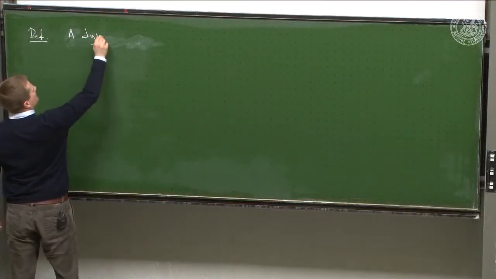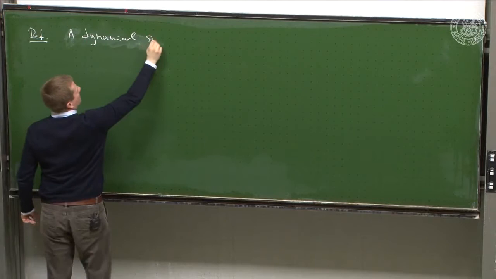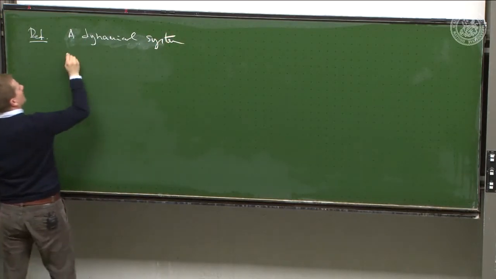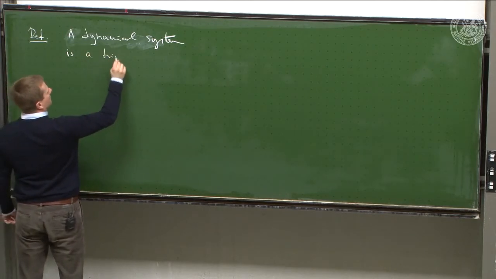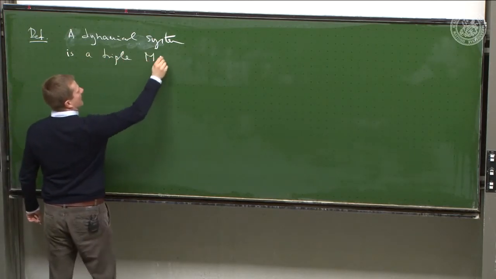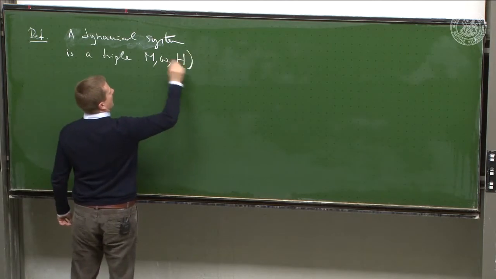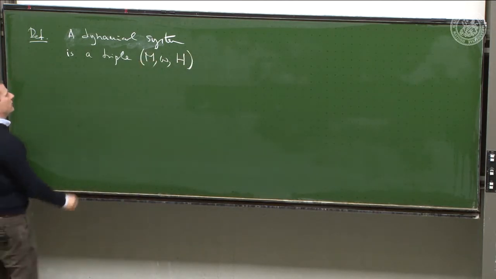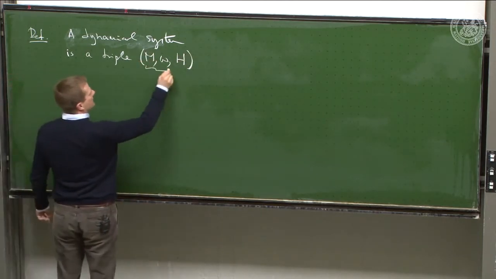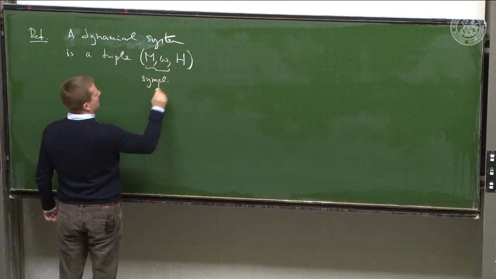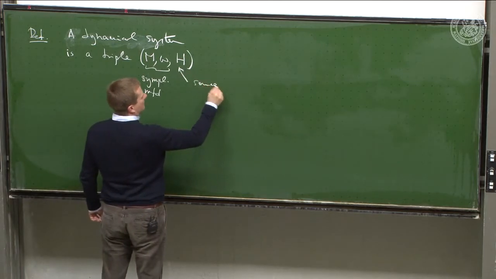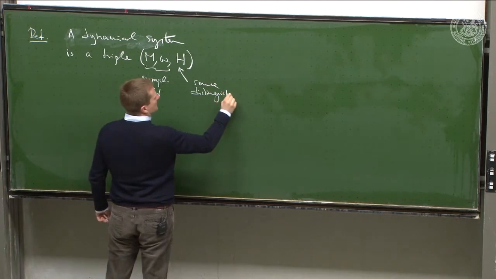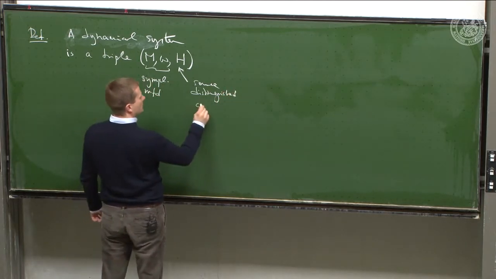A dynamical system or a classical mechanical system is a triple of an M, an omega, and a distinguished observable H, where these guys constitute a symplectic manifold, and this H is some distinguished, that means you choose it, some distinguished observable.